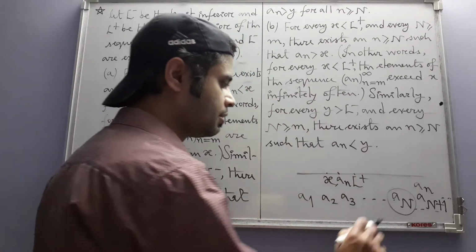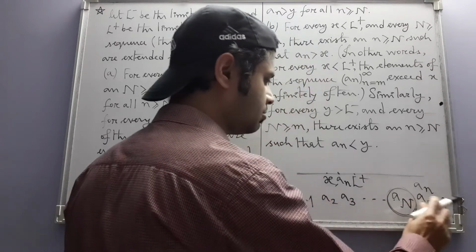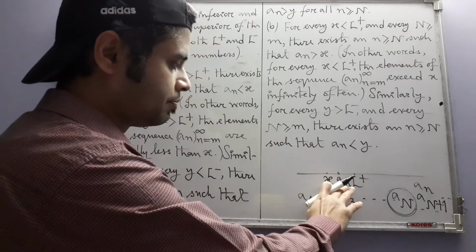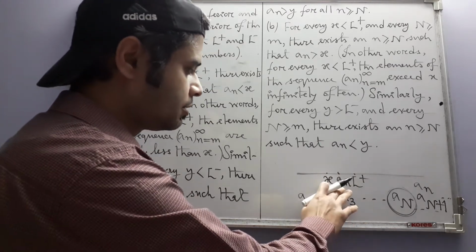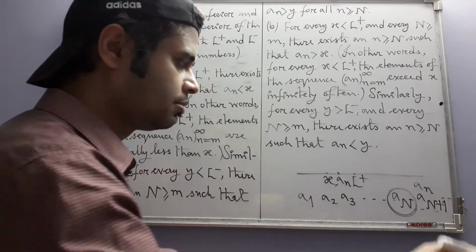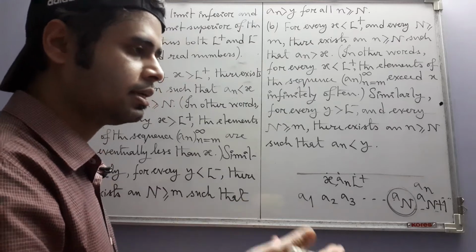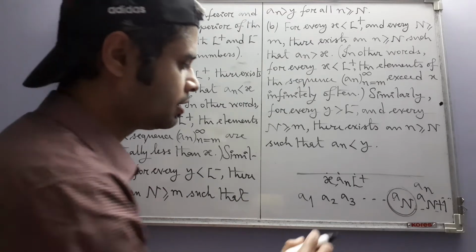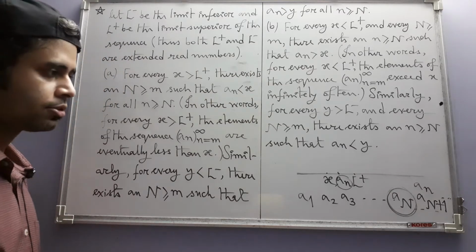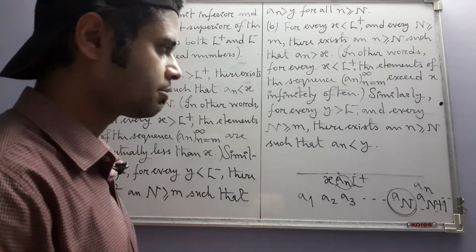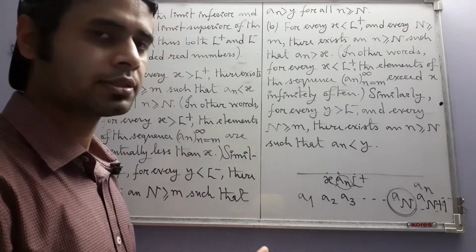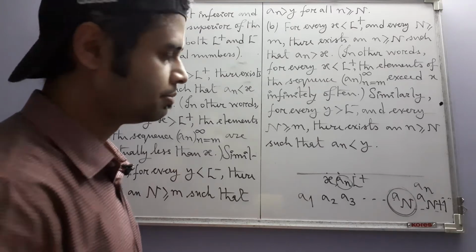Infinitely often because the stage from where you want that element to exceed x is your choice. So you can choose such stages infinitely often. So correspondingly there will be infinitely many ans that exceed x. So you can say somewhat vaguely, the sequence itself exceeds x infinitely often.